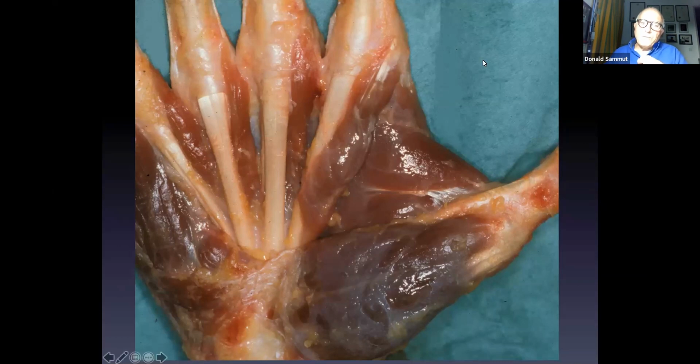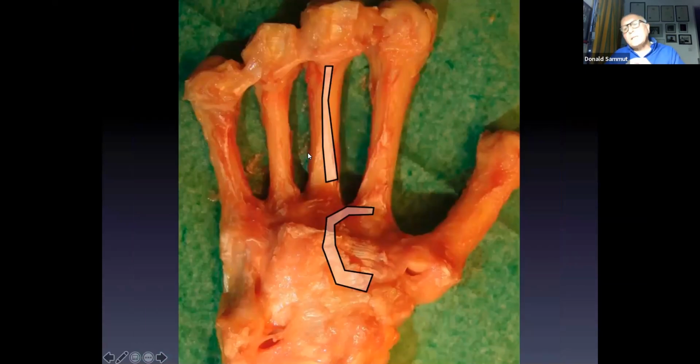You can see more of it here on the palmar side, but some of it is still covered by the flexor mechanism of the index and middle, because it is coming from the third metacarpal and the carpus, as you can see here. It comes in two heads, and they converge onto the extensor hood as I've shown. Now, if you were going to produce an adductor, you would imagine that it would be to the first port of call.